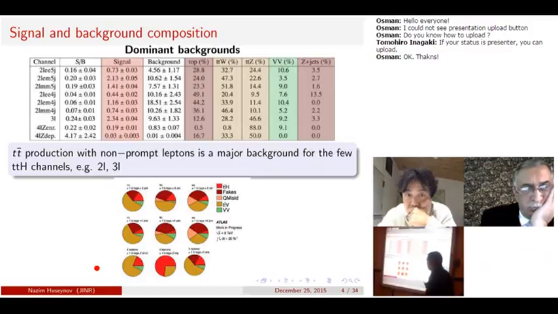As you can see from the 4 columns, there is background from top, background from ttW, from ttZ, and VV, and Z in percent. And if we shift to this row, you can see we have 11.6% of all the background from tt-bar. Next slide, please.